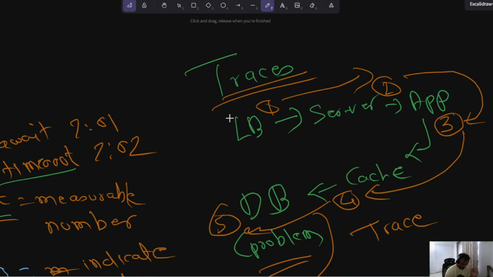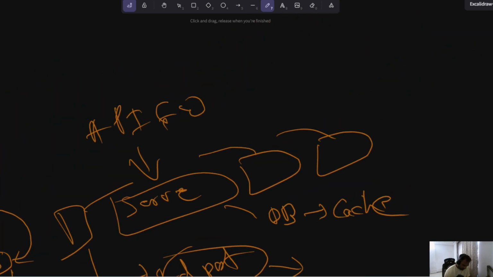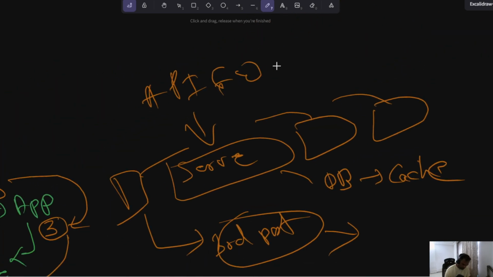So the trace ID, for example, in our case, would originate at the load balancer. Then it has to be propagated from the load balancer to the server, that is the application, and from the application to the third party.